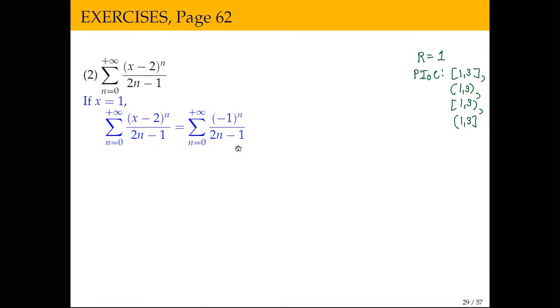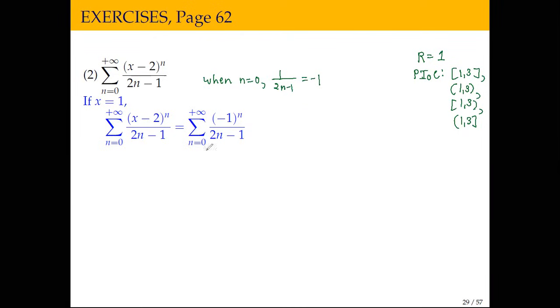But for us to apply the alternating series test, we have to check whether 1 over 2n minus 1 is positive for all n. However, when n is equal to 0, 1 over 2n minus 1 is equal to negative 1, which is negative.